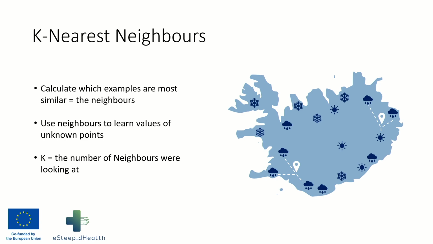However, we also take the distance to those neighboring points into account. So if we would weight the vote of Djúpivogur higher because it's closer to Egilsstaðir, then we might predict the label that it's sunny in Egilsstaðir. But this depends on how the k-nearest neighbor is configured.